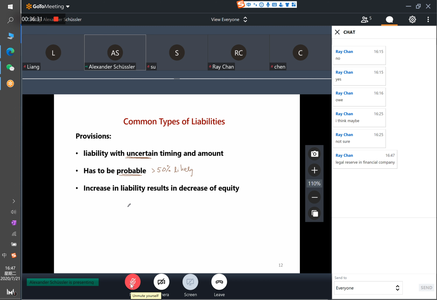This is a provision. The provision has to be set up for the possibility that you'll lose the legal dispute.